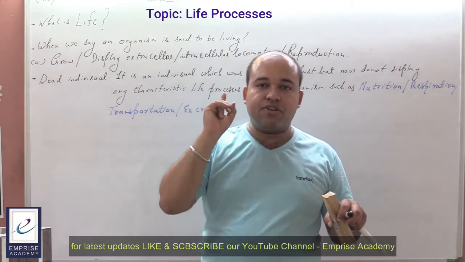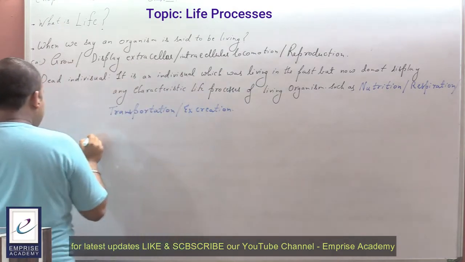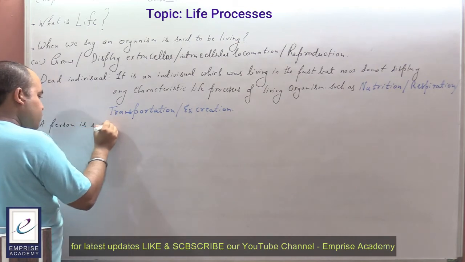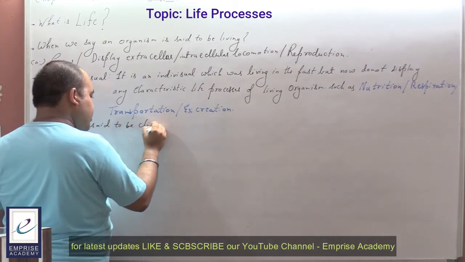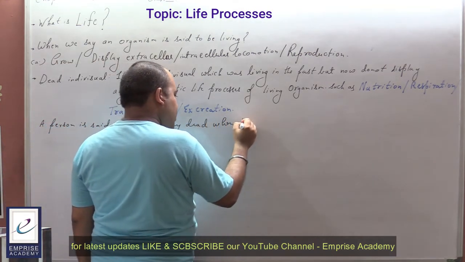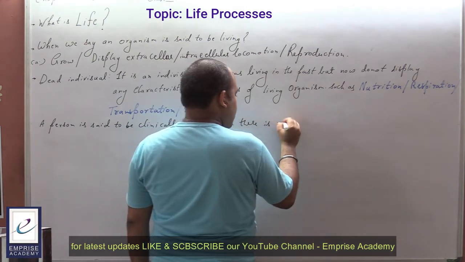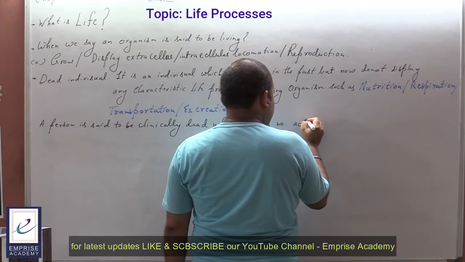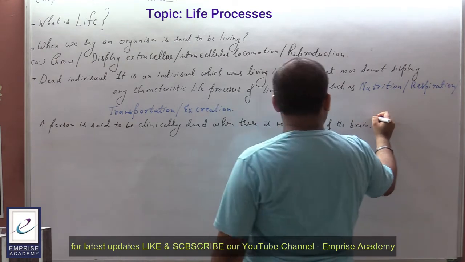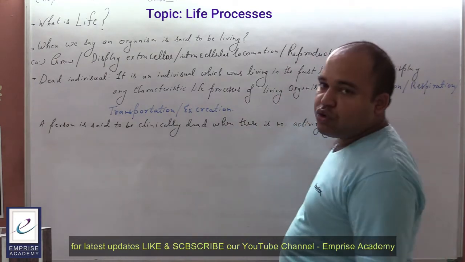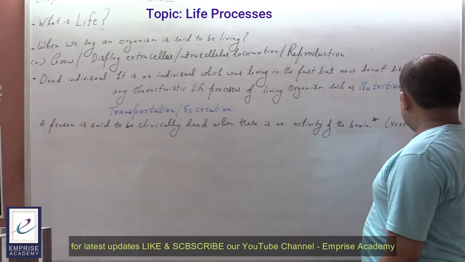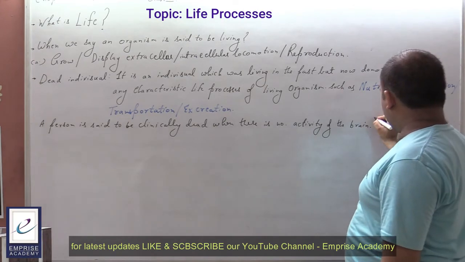Then only the person is said to be clinically dead, when there is no activity of the brain. This definition is applicable only in the case of higher eukaryotic organisms, especially vertebrates.